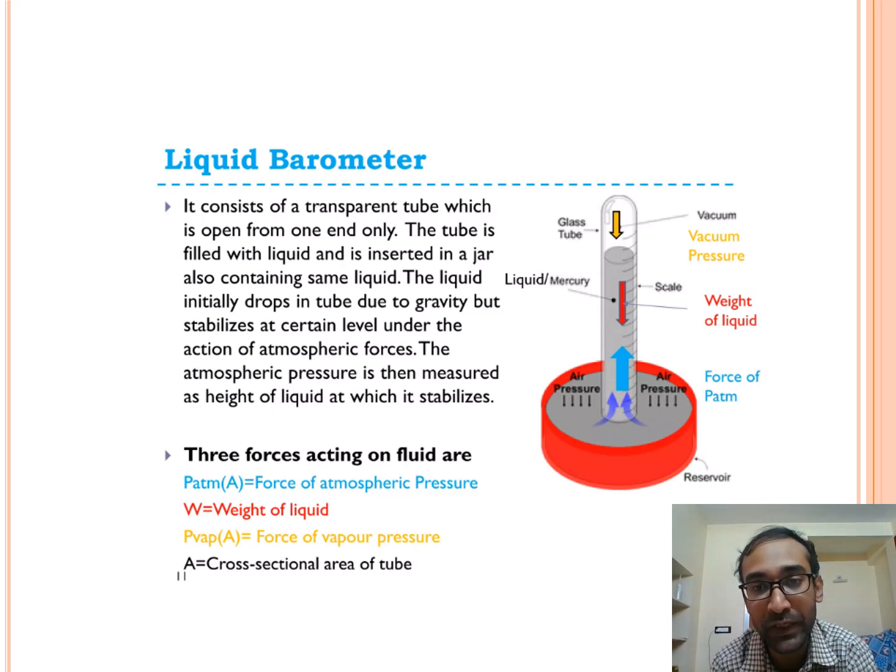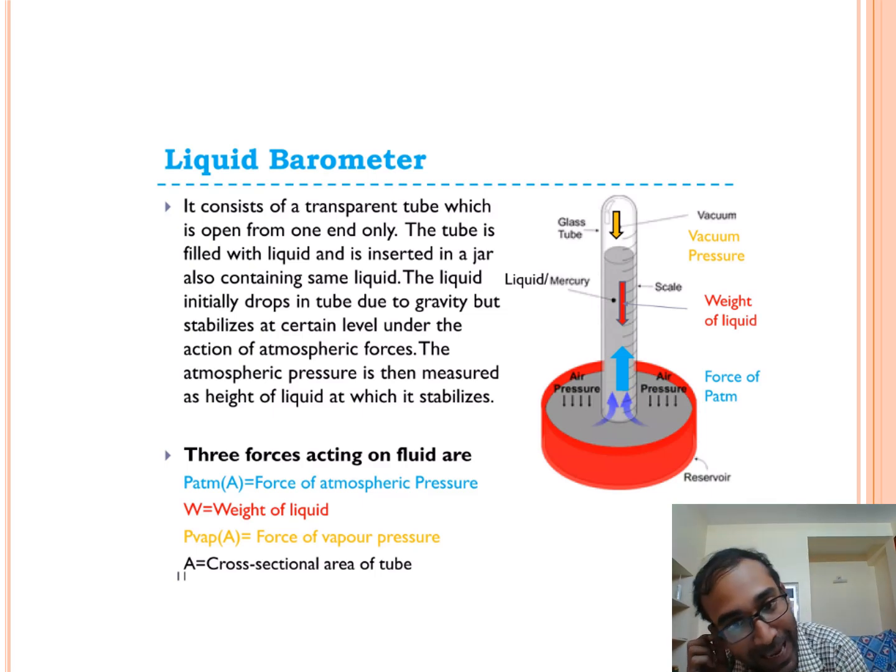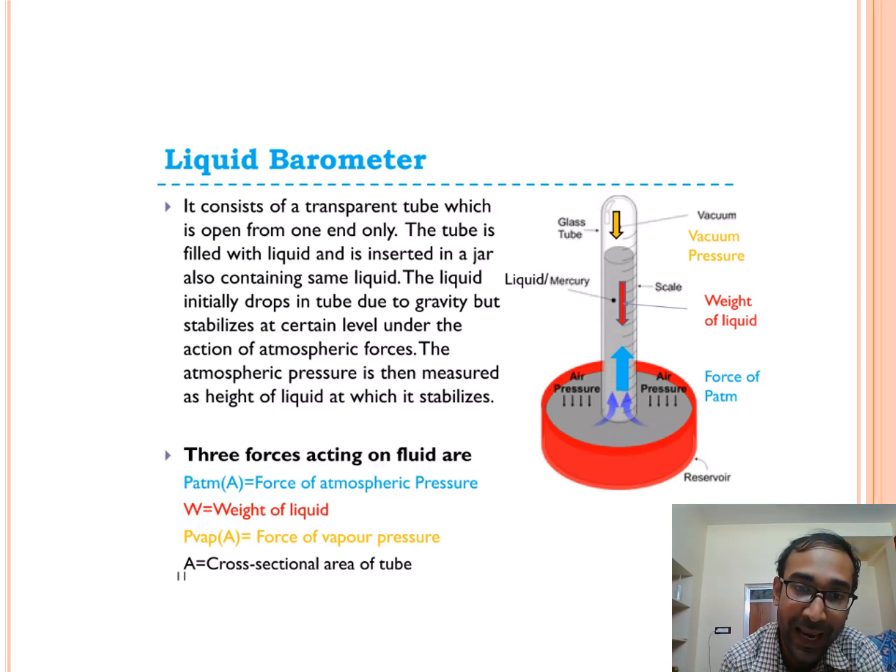This is the weight of the liquid, acting downward, and air pressure acts upward, and there is some vacuum. Three forces act on the fluid: the atmospheric pressure force, the weight of liquid, and the force of vapor pressure, and A is the cross-sectional area of the tube, not a pressure.